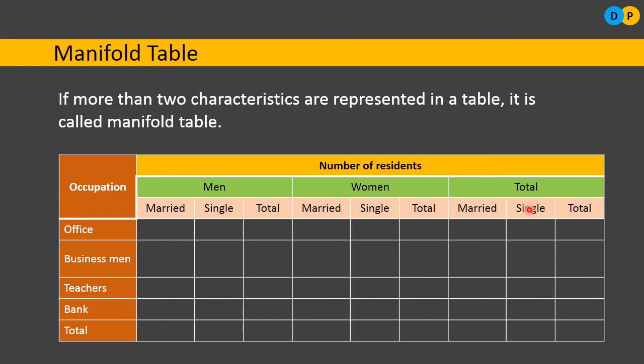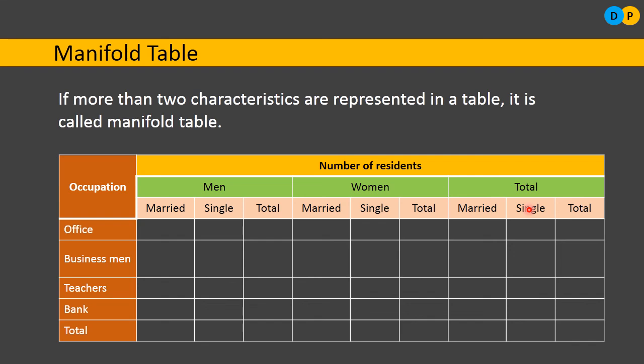So in this video, I have explained what the rules of forming a table are, and along with that I have told you what the different types of tables are. There are three different types of table. One-way table, where we consider only one characteristic, and the second one is the two-way table. Here we consider two characteristics. Among these two characteristics, they can be considered as stub or caption headings.